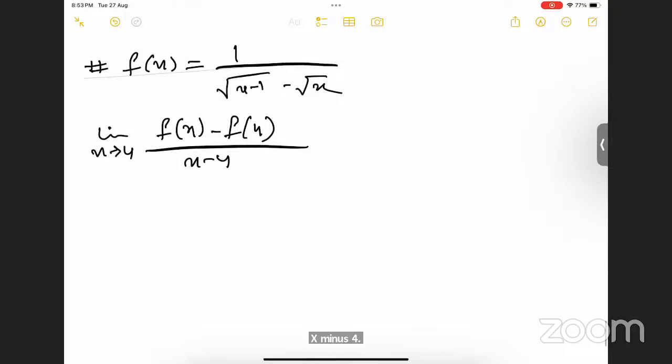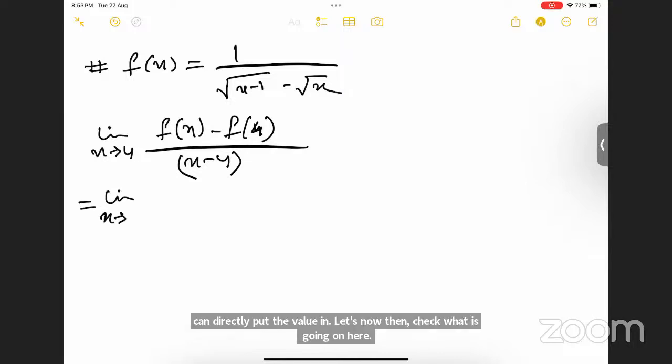We have a problem with this factor, right? As x tends to 4, this factor will tend to 0. We can directly put the value here. Let's check what is going on here.